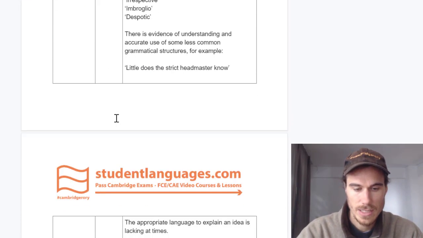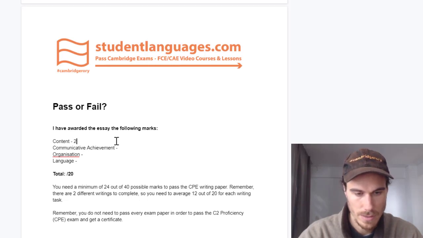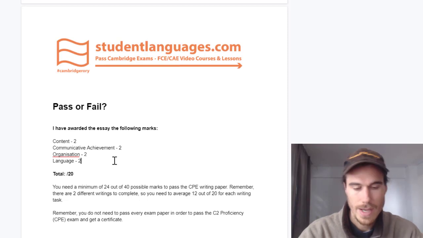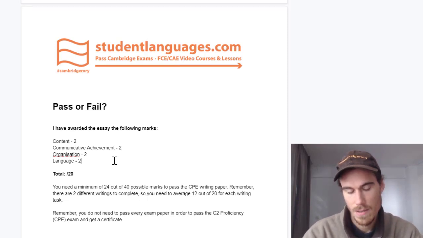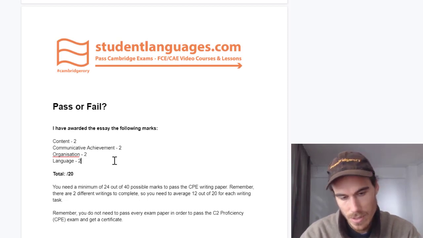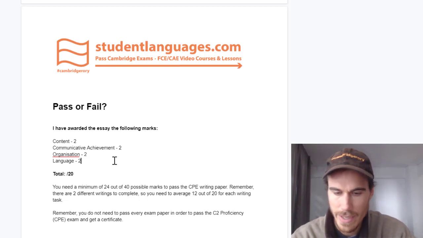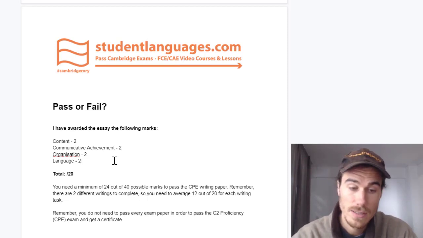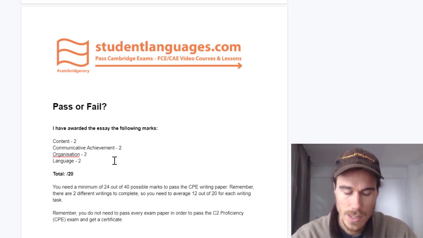And let's have a look at this on this scale here. So we've got 2, 2, 2, 2. I don't think it will require much to move some of these up to a 3. Content, communicative achievement and organisation are kind of linked. If you could structure it slightly better and make it more obvious which parts of the questions you're answering, I think that would help a lot.